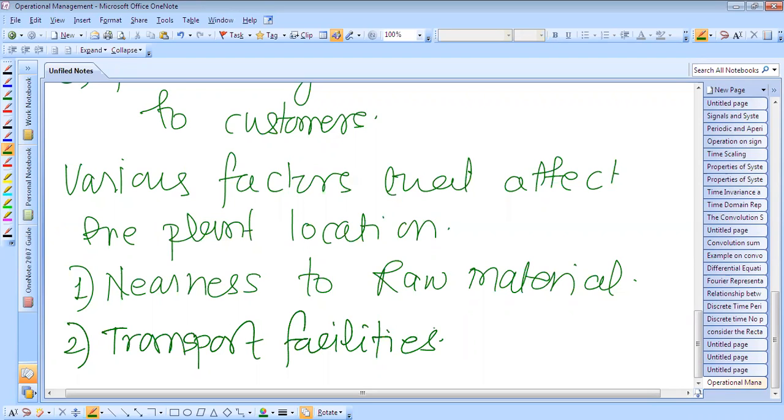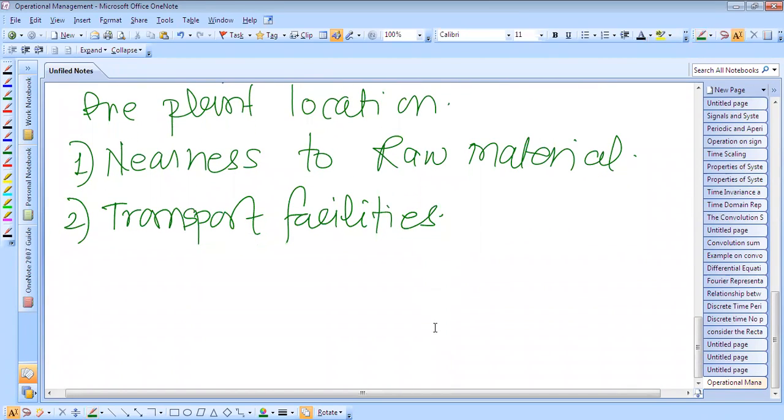So one point must be kept in mind: the cost of transportation should be fairly small in proportion to the total cost, because there are other costs also for the manufacturing of the finished products. For example, the raw material itself is very costly, and we require money for purchasing it.